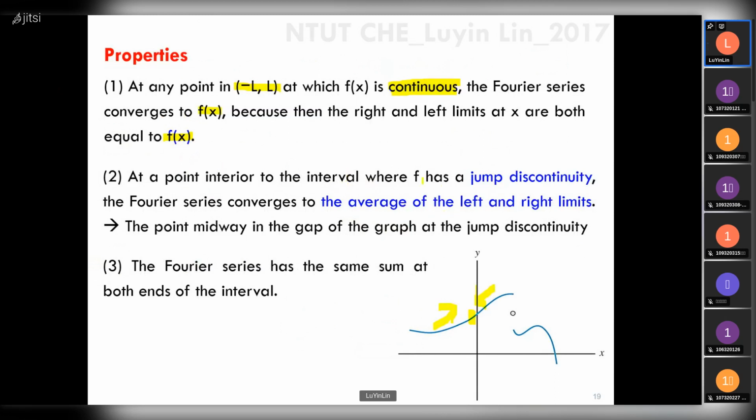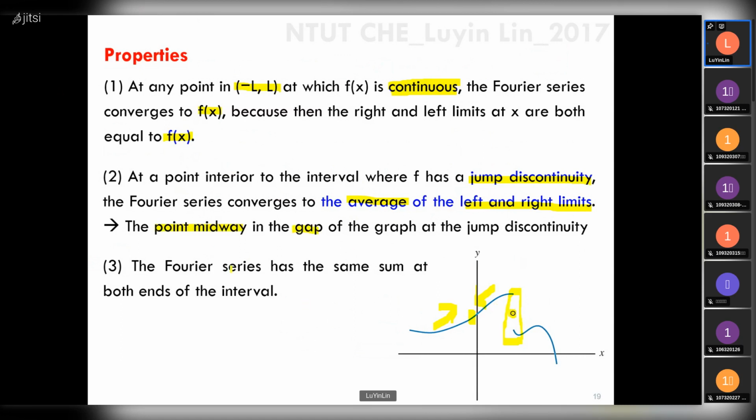Okay, but if this point is a jump discontinuity like this one, then the Fourier series will converge to the average of the right and left limits at this point. So if you see the jump discontinuity, the Fourier series will converge to this point. Okay, it is the point midway in the gap, this one.